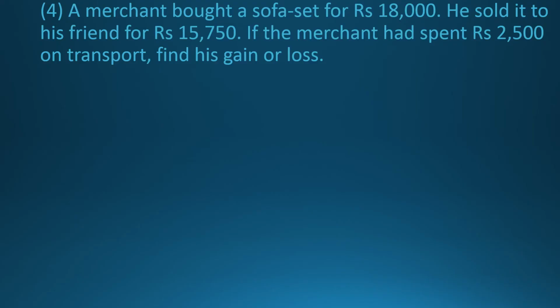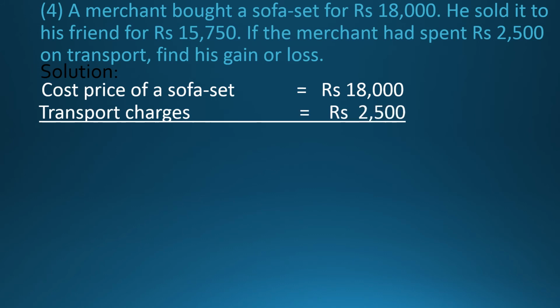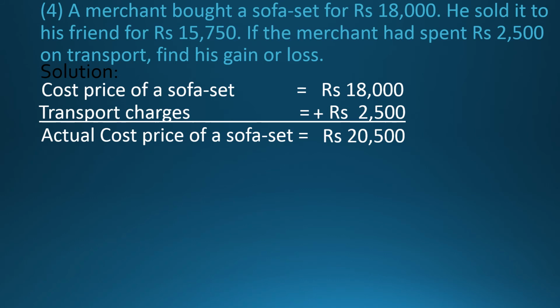Let us solve one more question. Question number 4. A merchant bought a sofa set for rupees 18,000. He sold it to his friend for rupees 15,750. If the merchant had spent rupees 2,500 on transport, find his gain or loss. See, in this question, cost price of the sofa set is rupees 18,000 and transport charges is rupees 2,500. So the actual cost price of the sofa set is rupees 18,000 plus rupees 2,500. We get rupees 20,500.